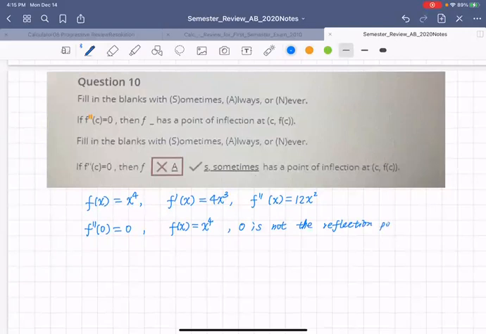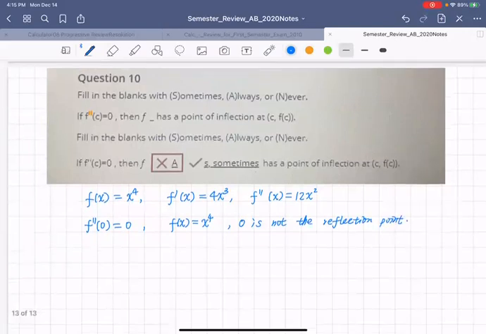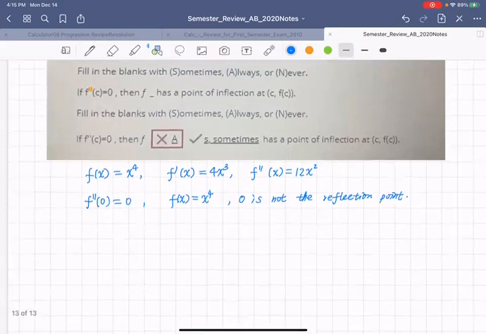You know? The reason is because, look, if you draw the graph, x to the power 4 is something like that, right?